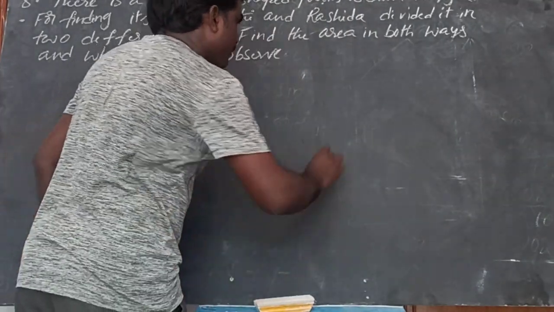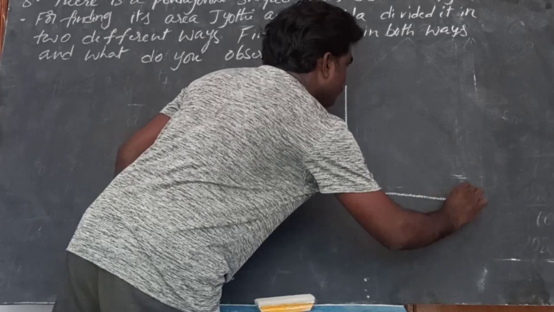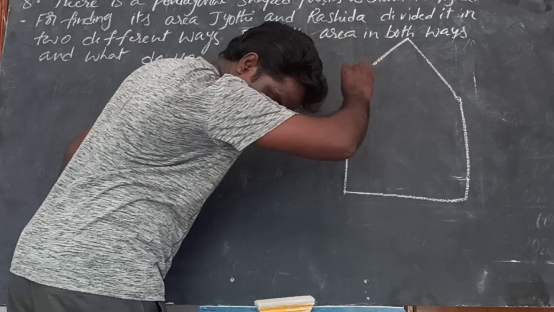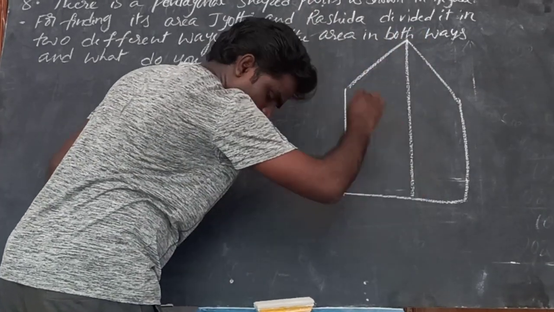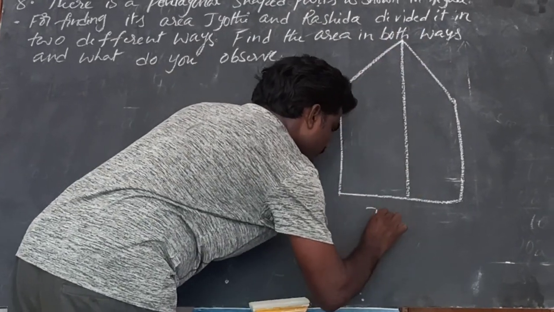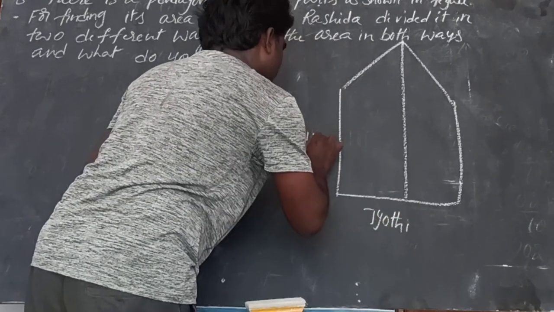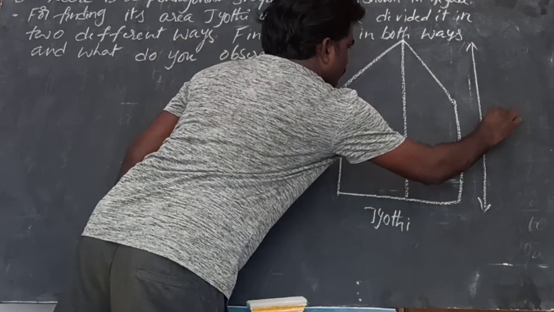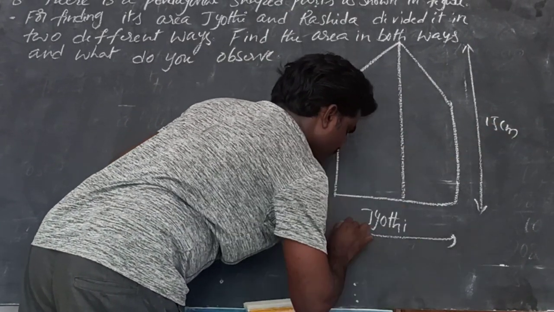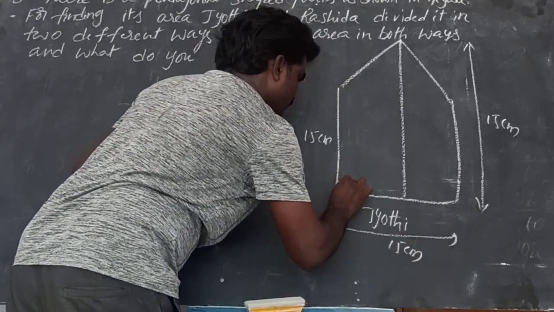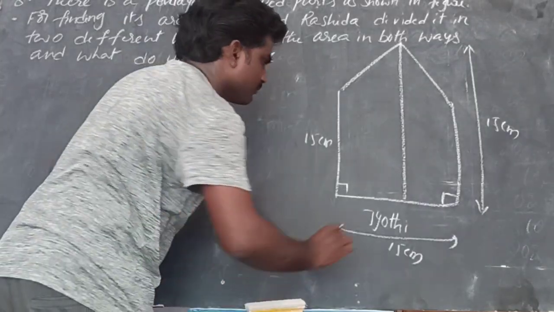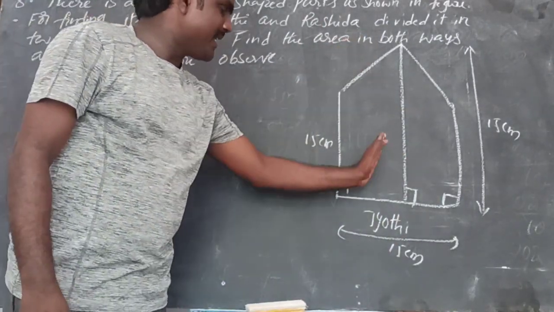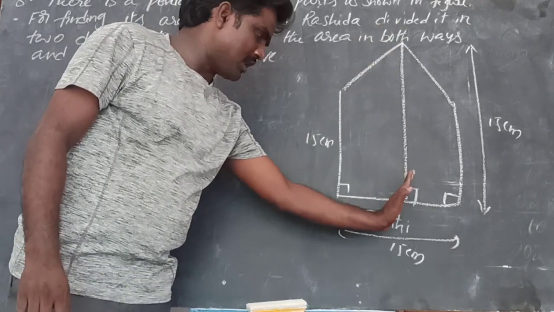Okay, Jyoti's diagram. Here, they are dividing this total diagram into two parts.